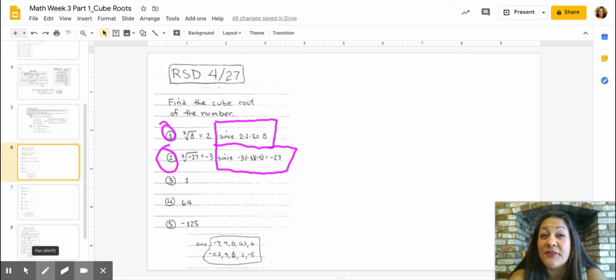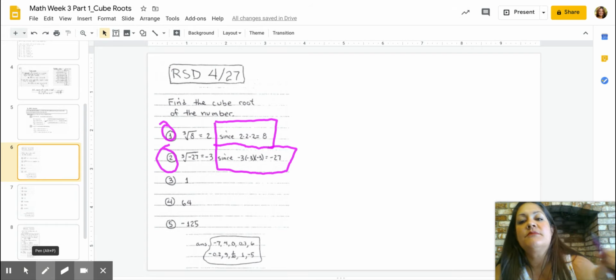So it's actually a very easy assignment. I'll go through it quickly, but what's going to take you the longest time is writing out these full answers. It's a really good habit to be into, especially going on to high school, because you do need to show your work.